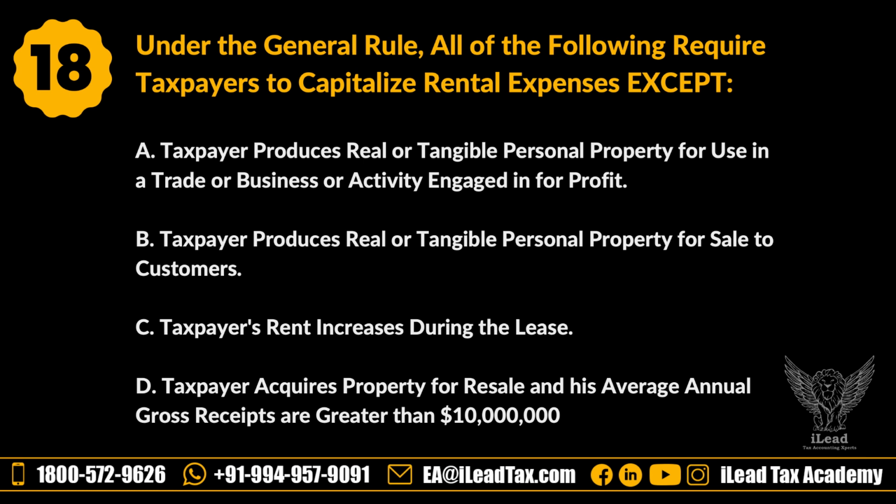Option B is incorrect because rental expenses related to producing property for sale to customers are capitalized, same as option A. And D is also incorrect because a taxpayer who acquires property for resale and has average annual gross receipts greater than 27 million needs to capitalize under uniform capitalization. So D is also wrong.